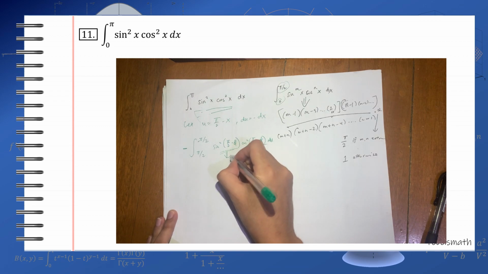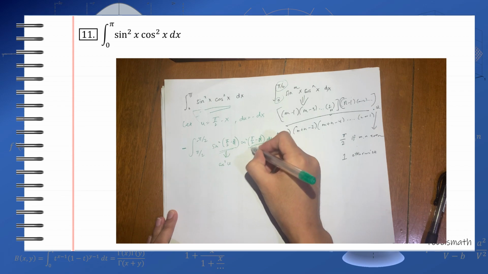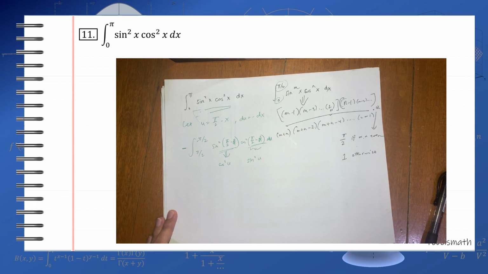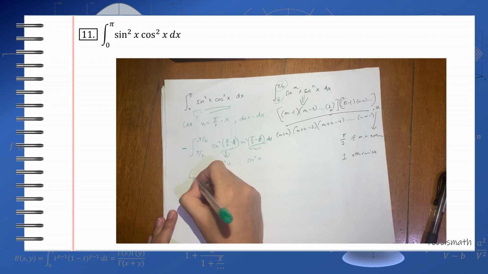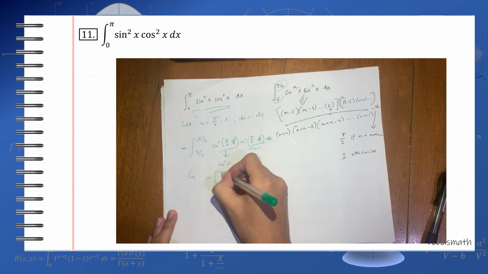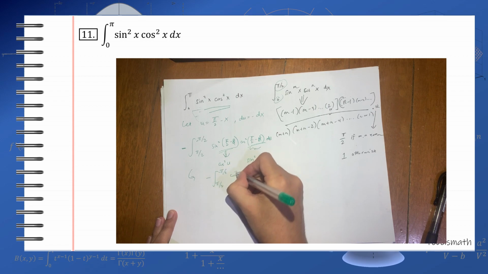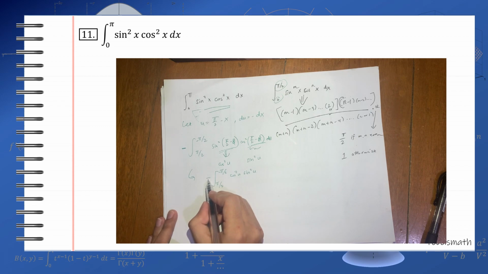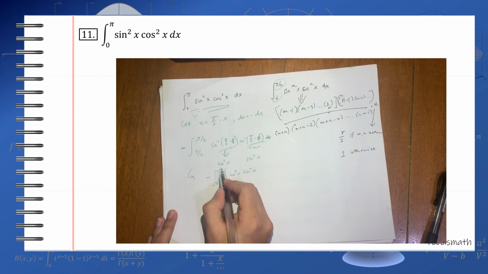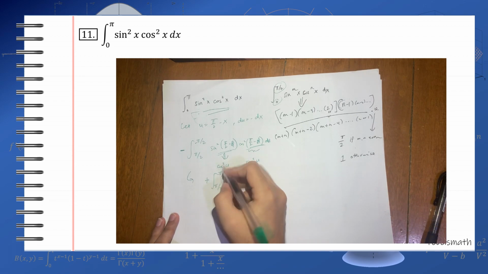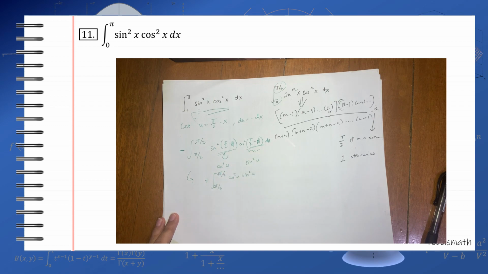This is cosine squared of u and this is sine squared of u. So we are left with the integral from pi over 2 to negative pi over 2 of negative cosine squared u sine squared u du. With this being negative, we can just switch the limits, so this becomes positive.